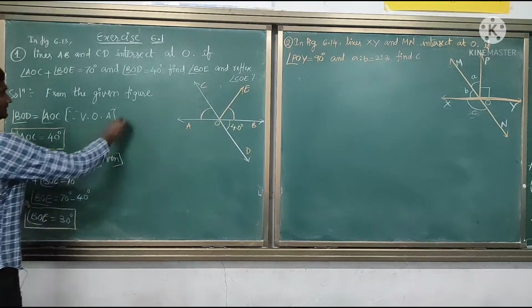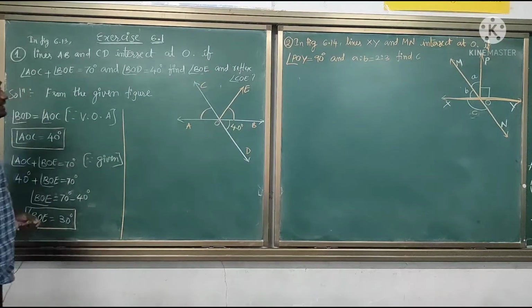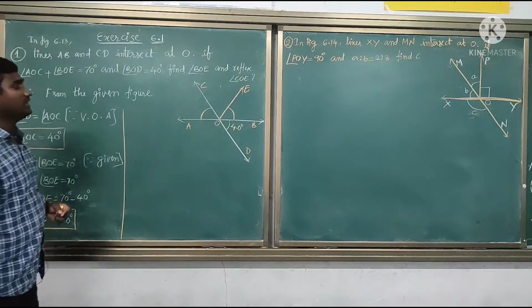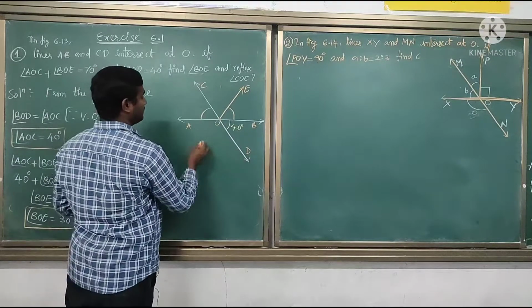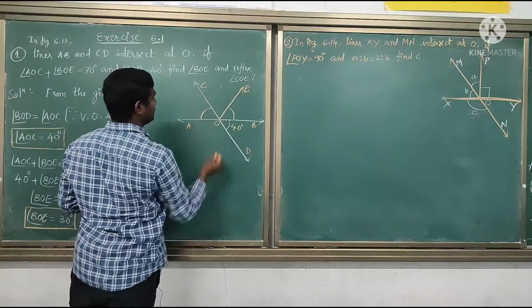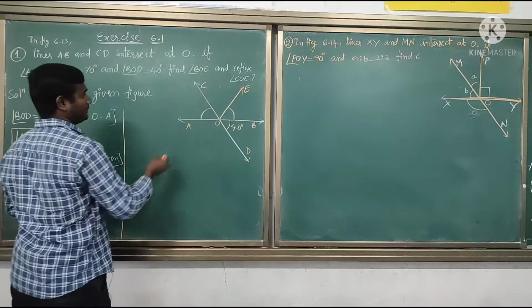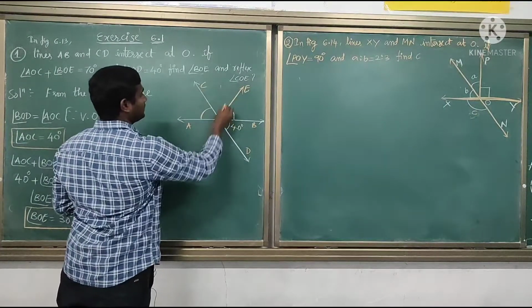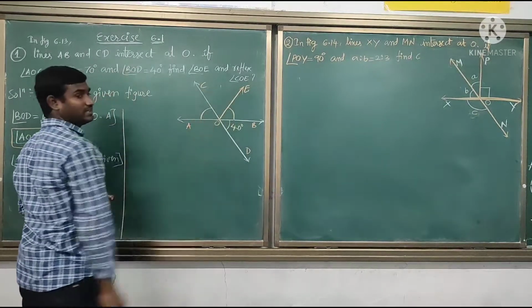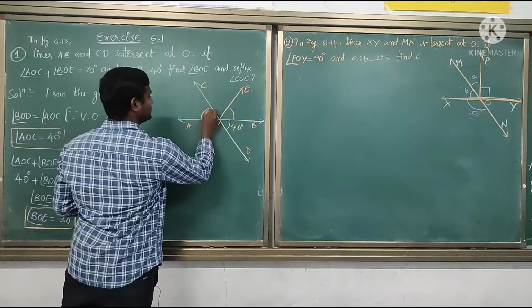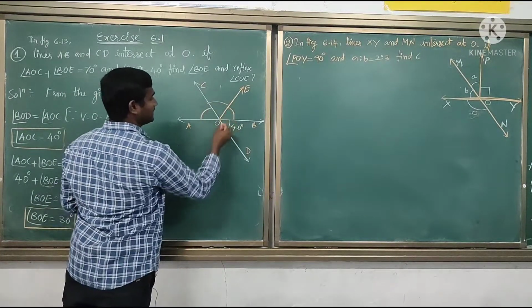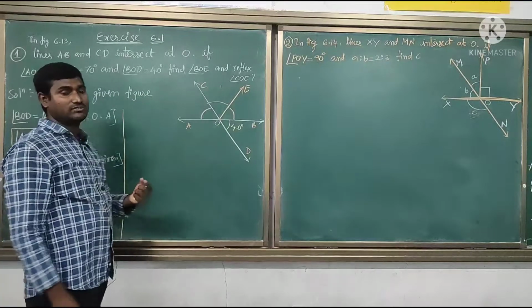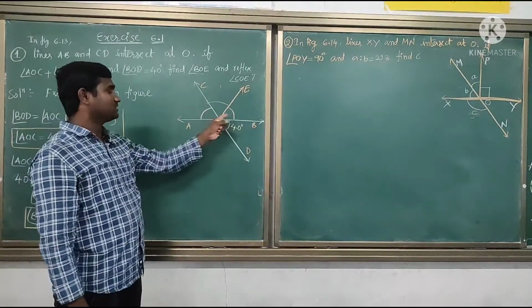Next, from the given diagram, can we write angle AOC plus COE plus BOE equals 180 degrees, right? This angle plus this angle plus this angle. The sum of these three angles equals 180 degrees, because those form a straight angle.